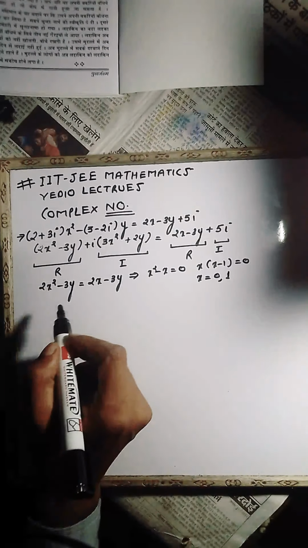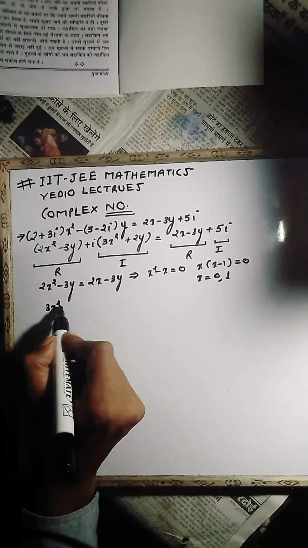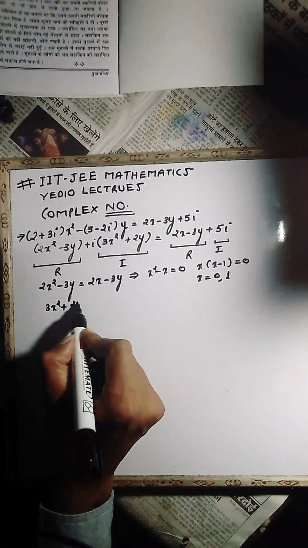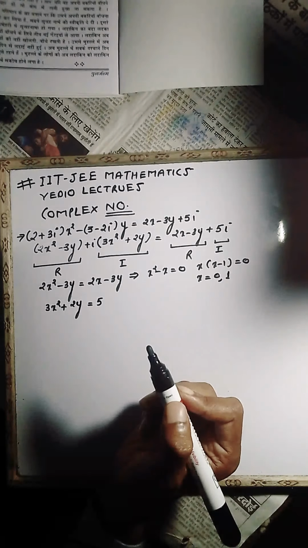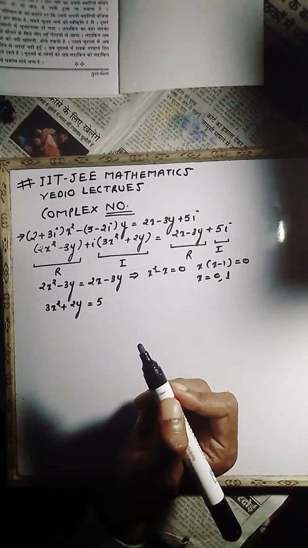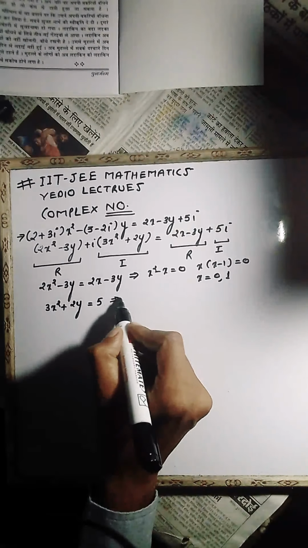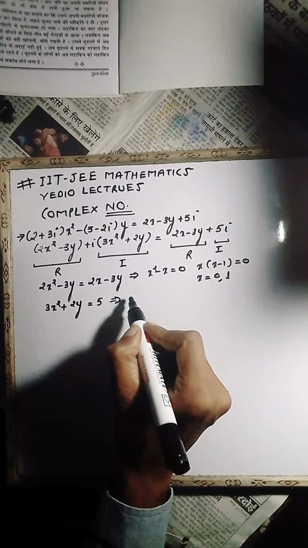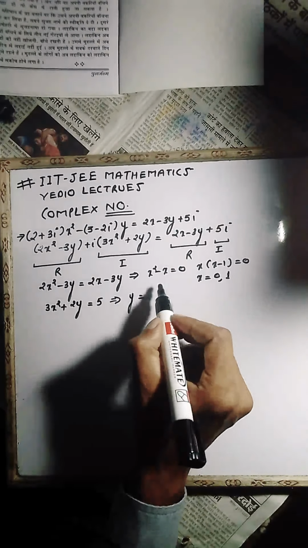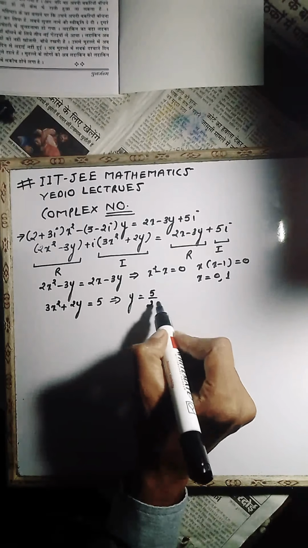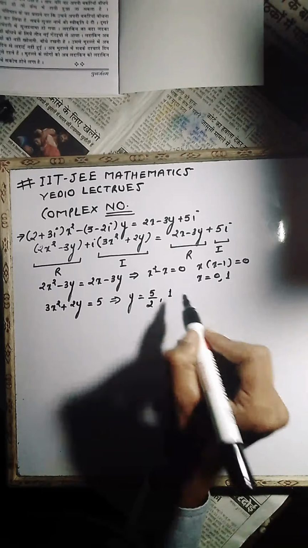And now we will equate the imaginary part. 3x square plus 2y equals 5. From here we will have the solution for y. y equals 5 by 2 and the other value is 1.